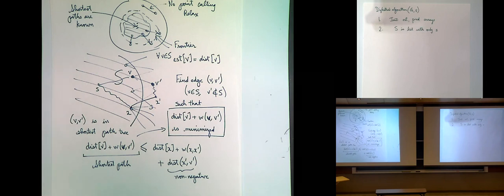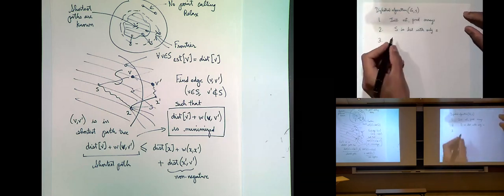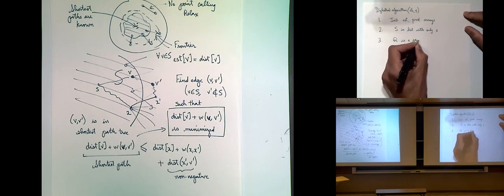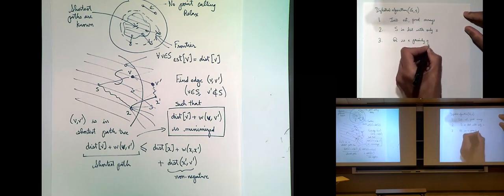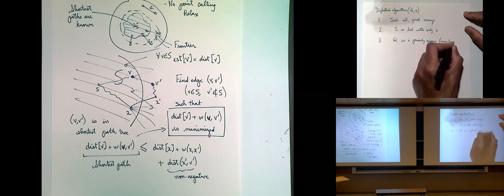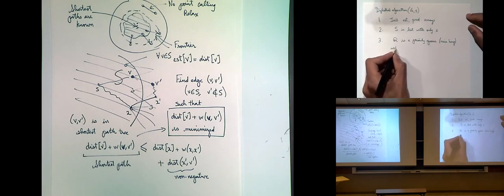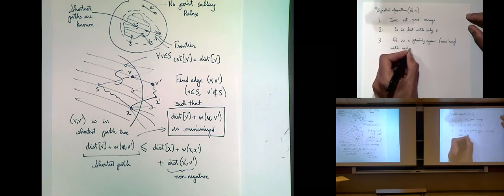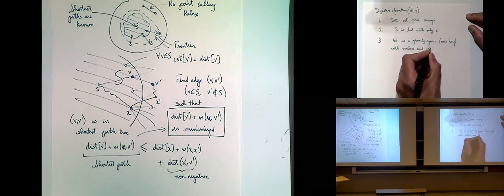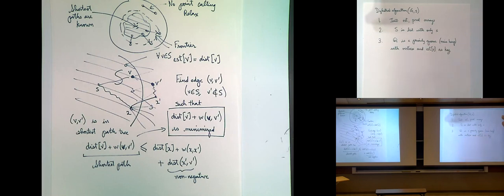Now, the important data structure is we're going to say Q is a priority queue. By priority queue, think of a min heap. So it's a min heap with vertices and the estimate as the key.